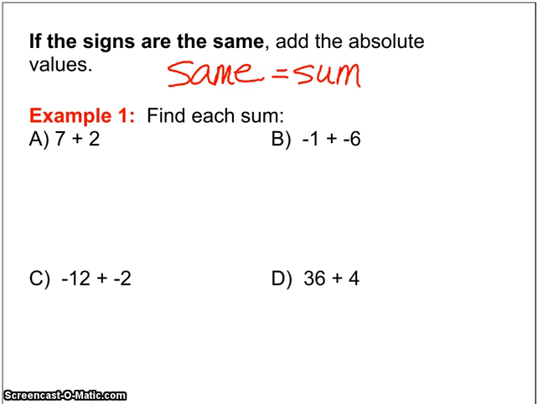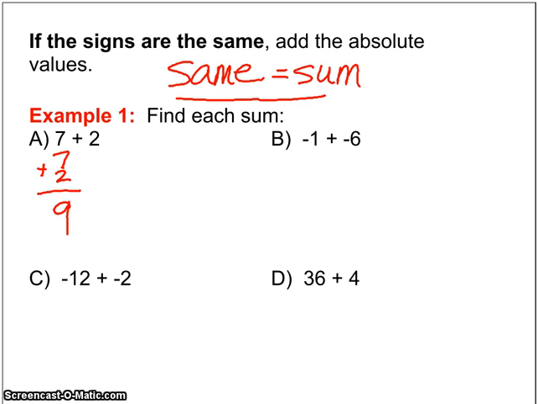So since it is a positive number, please don't write your positive signs. We'll just leave it blank. And then because they're both the same sign, we are going to add 7 and 2 together, and we get an answer of 9. And again, we know it's positive because the integers that we added together were both positives.